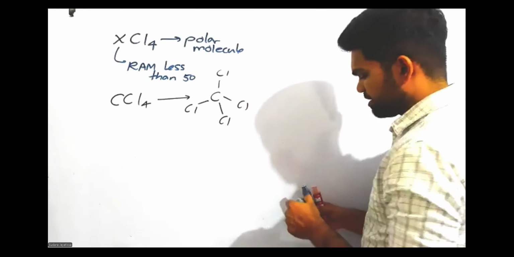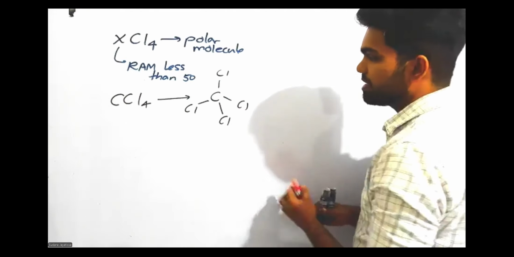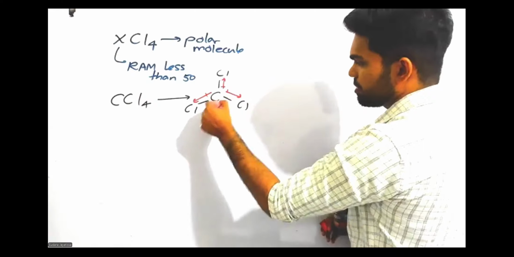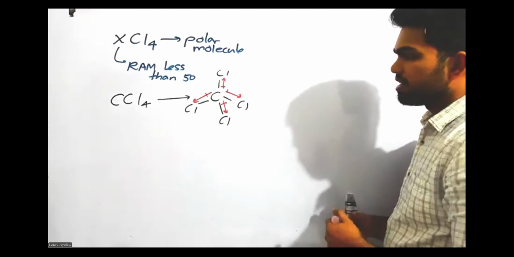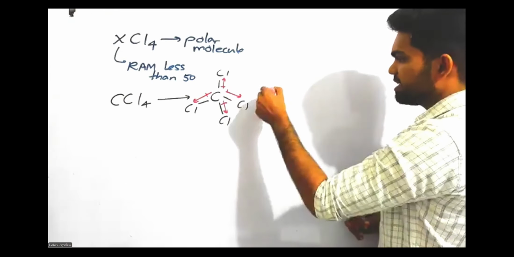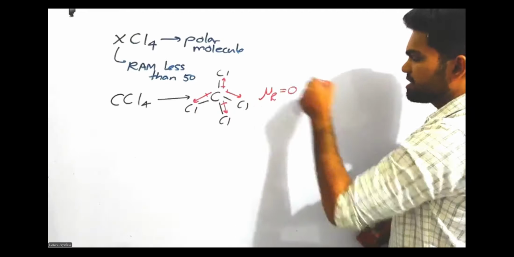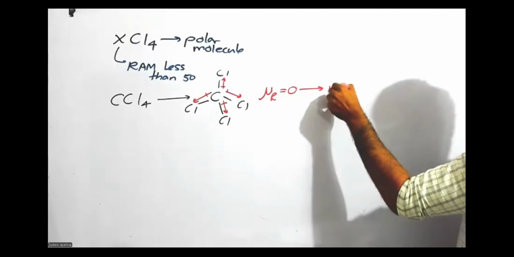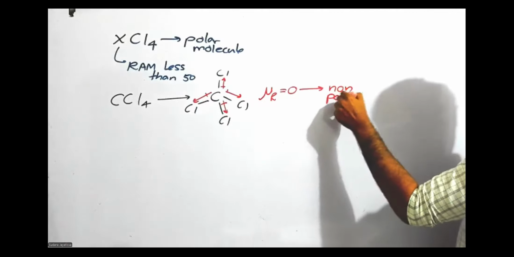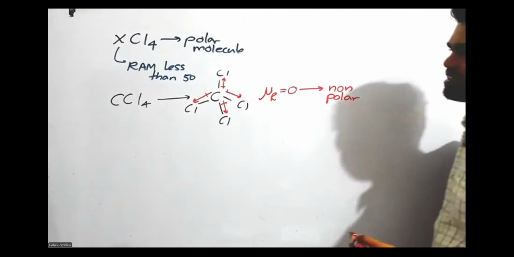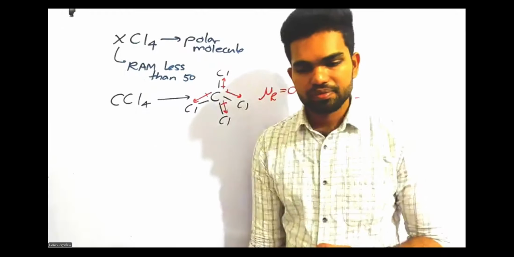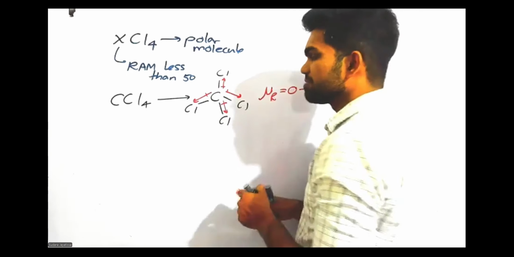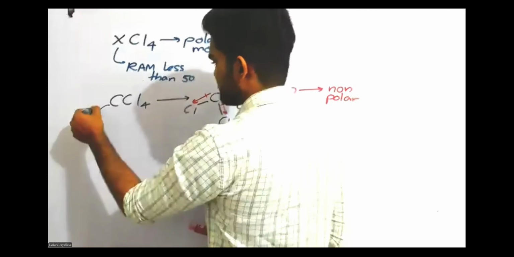If you mark the dipole moments, all those dipole moments will get cancelled and the resultant dipole moment, mu R, is equal to 0, which in turn tells us this molecule is non-polar. So X can't be carbon, and it can't be silicon either. Those options are not going to be there.